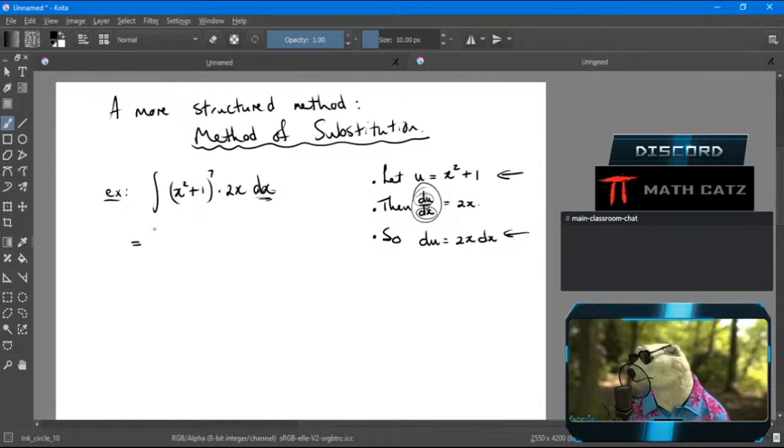How does that work? Well, I simply rewrite everything. Every x thing has to be swapped out for something with a u. This x squared plus 1 to the 7 is now going to become u to the 7 because u is x squared plus 1. This last line says if I see a 2, an x, and a dx, I can swap them out and change them for a du.